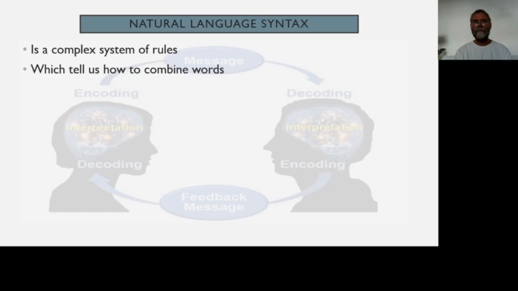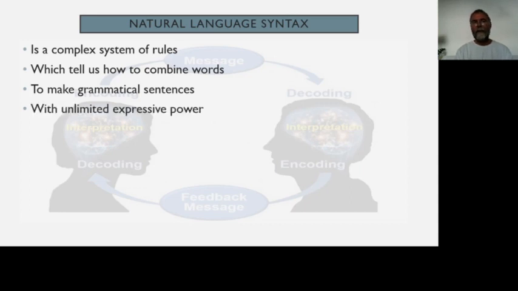That system of rules tells us how to combine elements, words, into something more complicated, an expression, a sentence in natural languages, but in such a way that produces a grammatical sentence. By following the rules, you produce something which is grammatical.